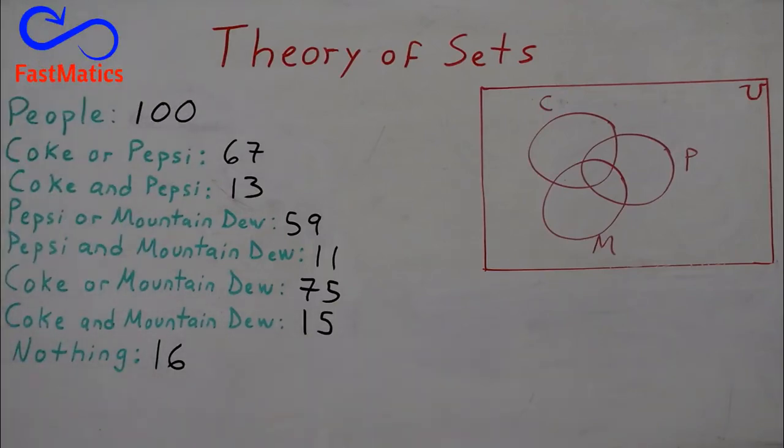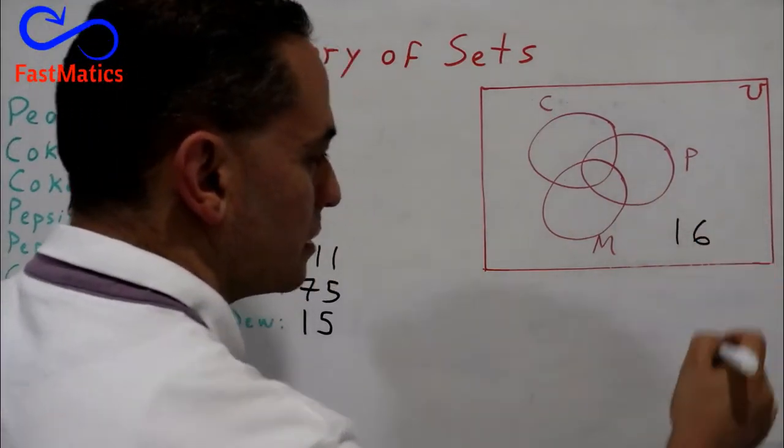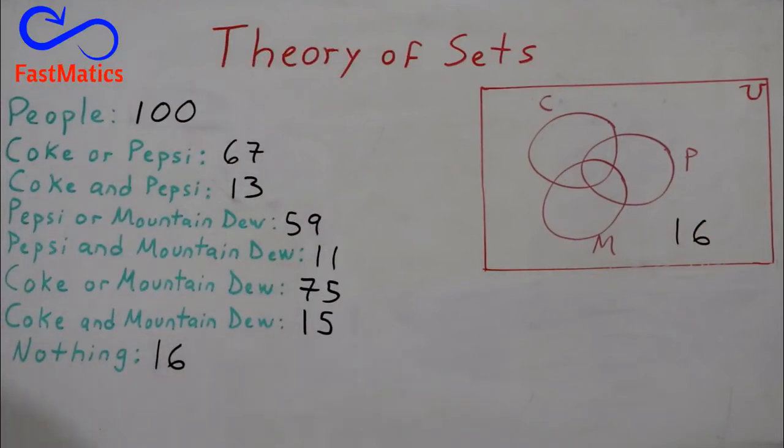We can see that without a Venn diagram, it is very difficult to get the answer. So we are going to analyze those regions. For example, nothing, 16 people. It is very easy. Outside the circles, 16.